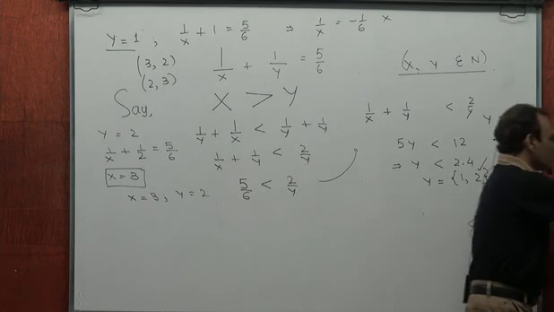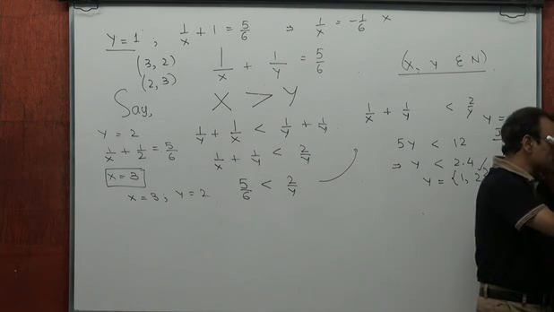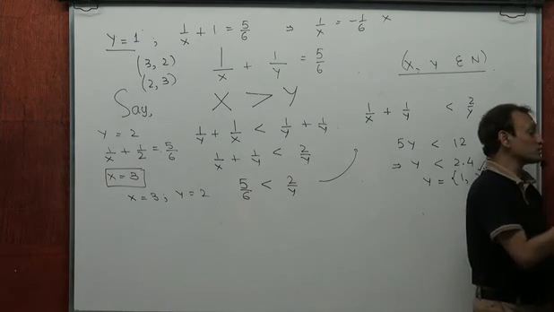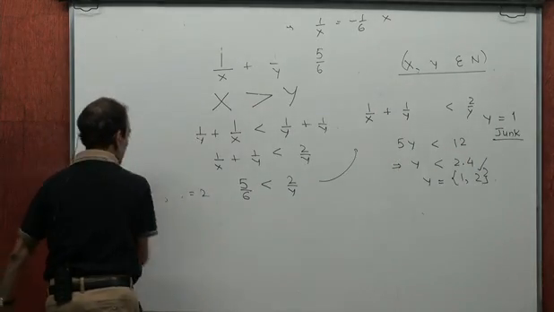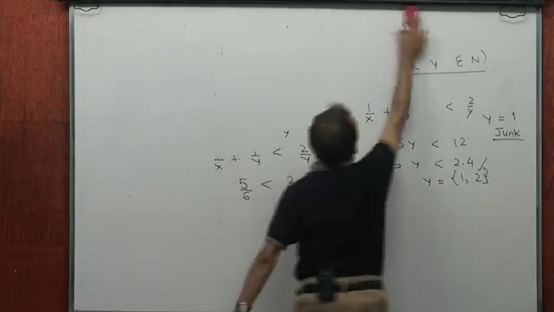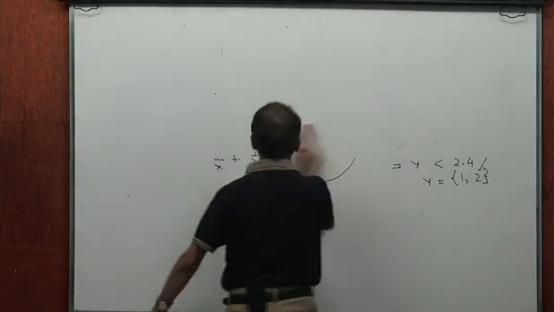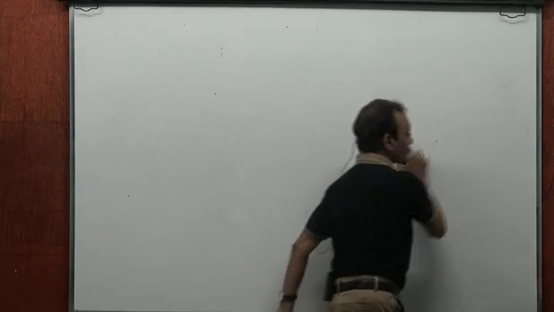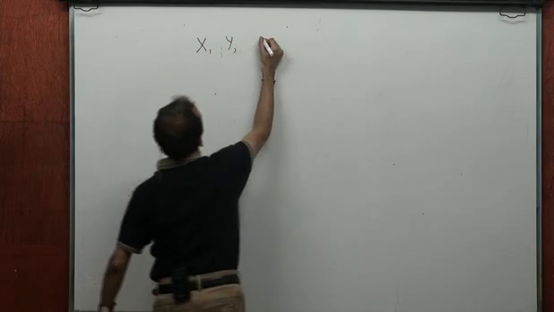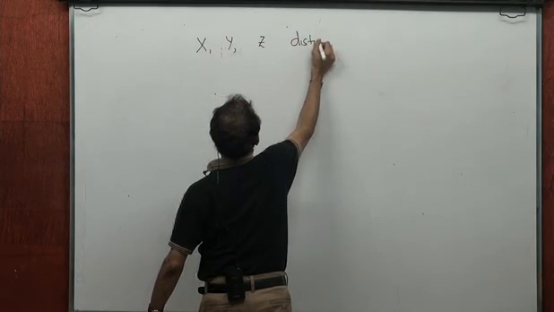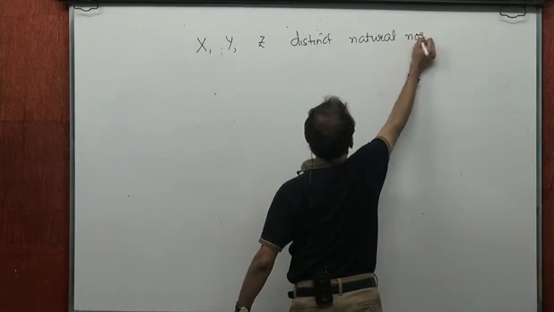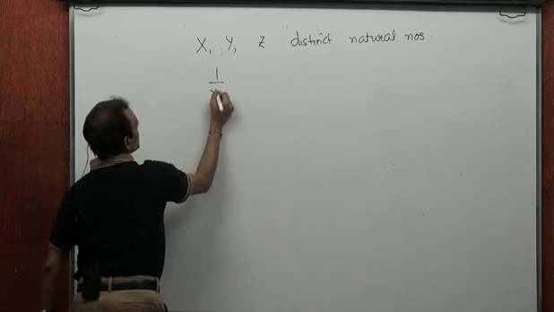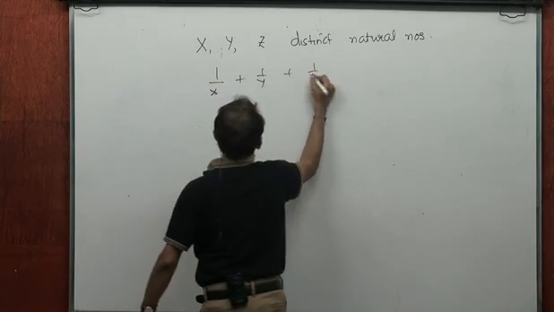Now the next one is: x, y, z are distinct natural numbers, and 1 by x plus 1 by y plus 1 by z is 1. X, y, z, it's already given, are distinct natural numbers, and 1 by x plus 1 by y plus 1 by z is 1.